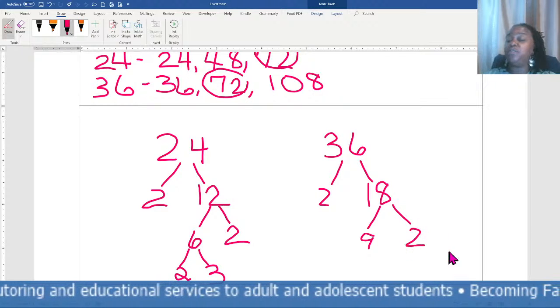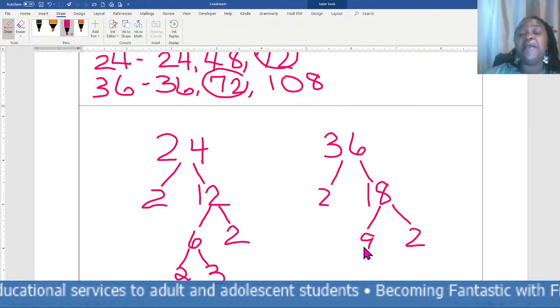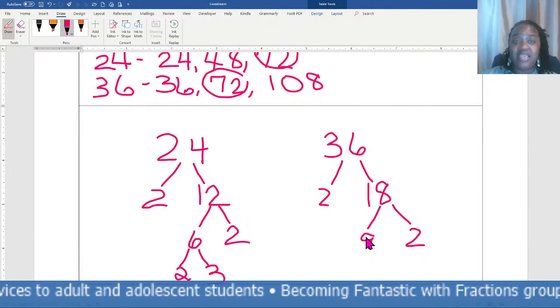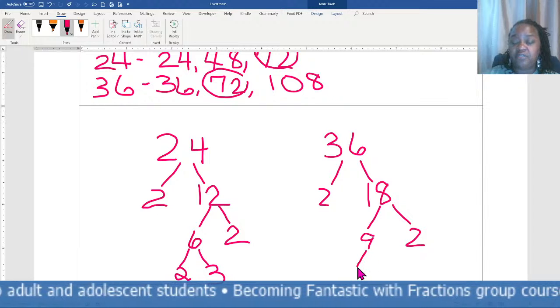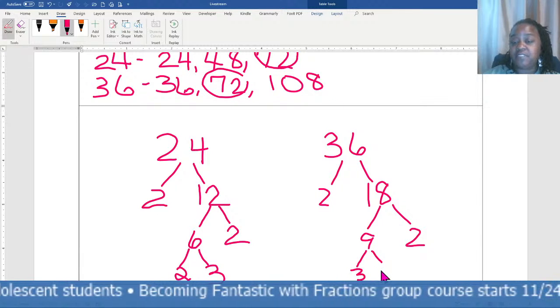Now, 2 is prime. 9 is not prime. 9 is a composite number because it has other factors besides 9 and 1. So the other factors of 9 are 3 times 3.